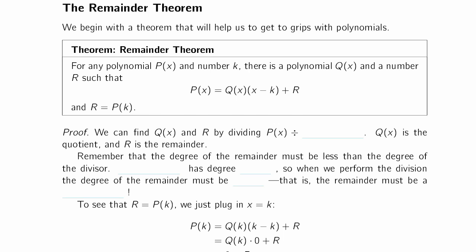Up until this point in the course, we've been primarily concerned just with processes and procedures and learning a few definitions. So this is the first theorem that we're actually going to prove in this class. To a really great extent, the proofs of theorems are what the actual work of mathematics focuses on.